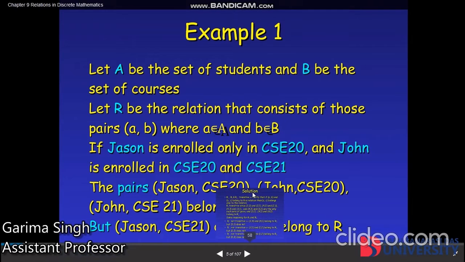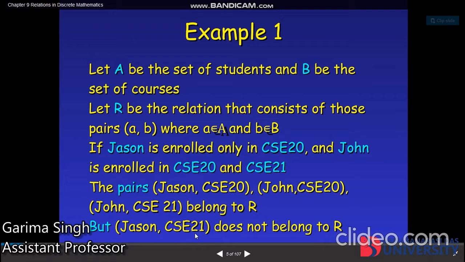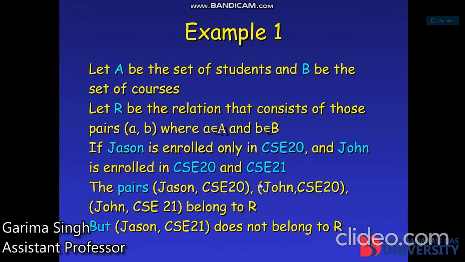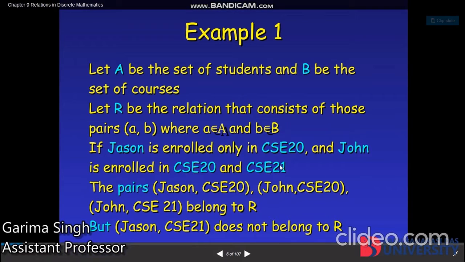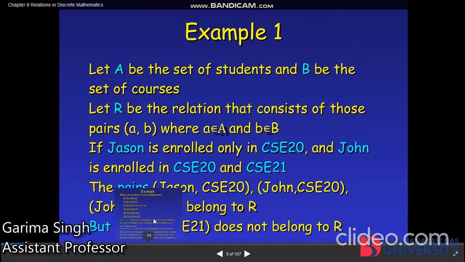But if there exists a pair like (Jason, CSE 21), that does not belong to relation R, because according to the information we have, Jason has no connection with CSE 21.